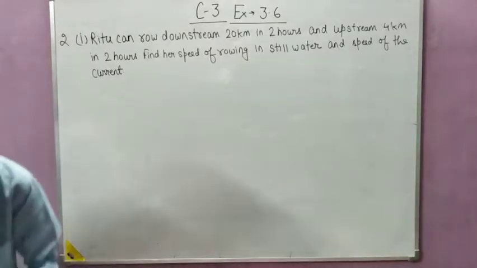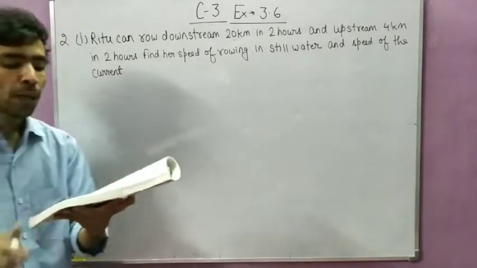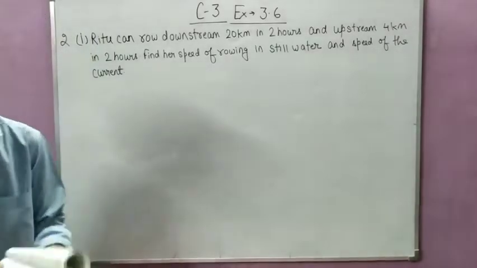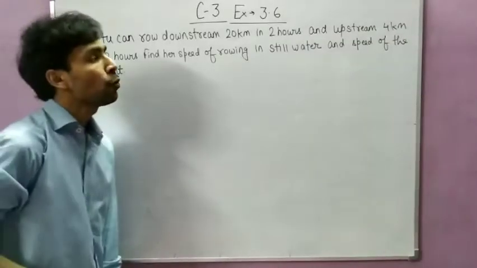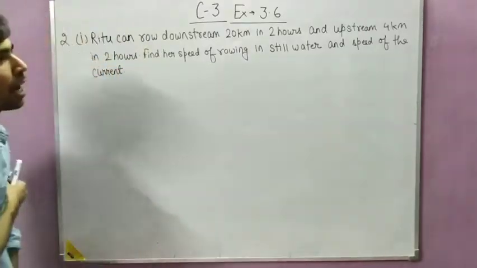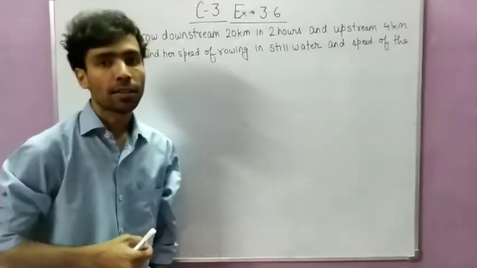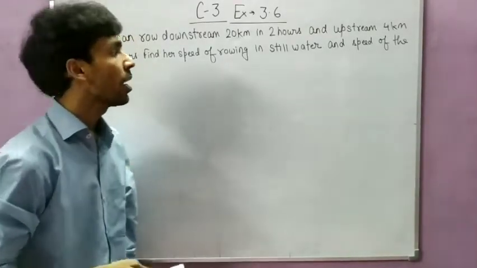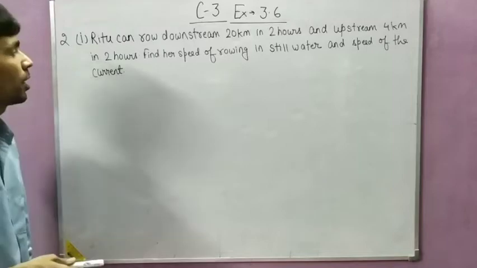Formulate the following problems as a pair of equations and hence find their solutions. This is part first of question number 2. Ritu can row downstream 20 km in 2 hours, and upstream 4 km in 2 hours. Find her speed of rowing in still water and the speed of current.